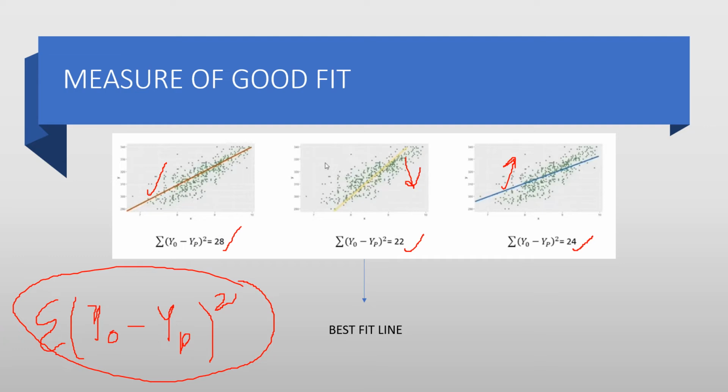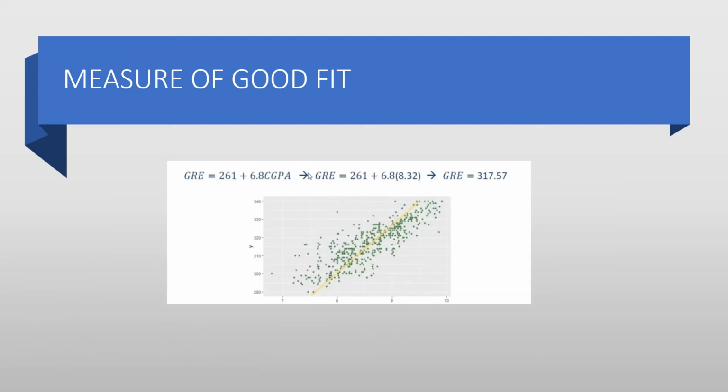Now moving forward, here is the measure of good fit. As I have already discussed, for linear regression we have the equation y is equal to a plus bx, right? So here we will try to find the different parameters.